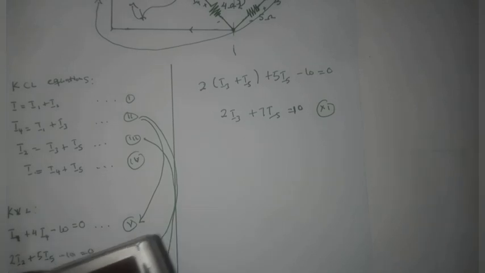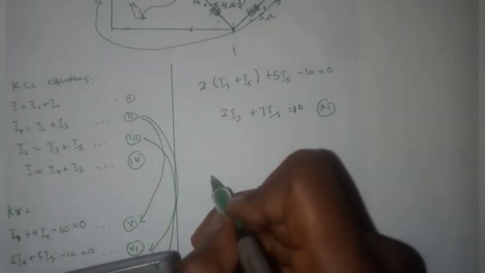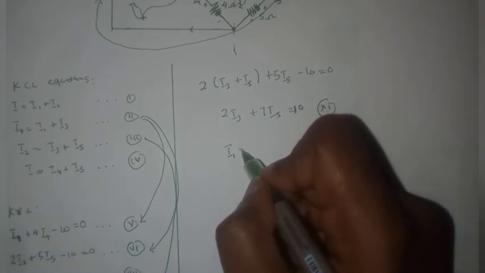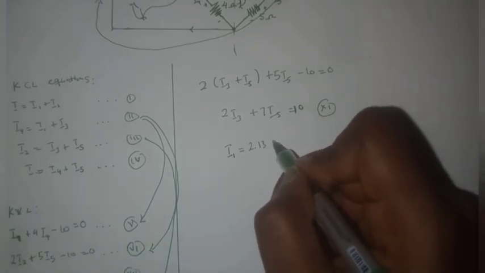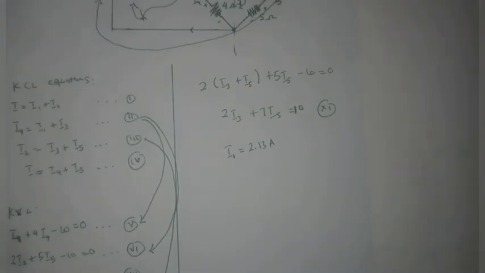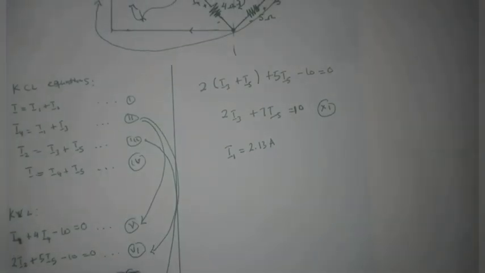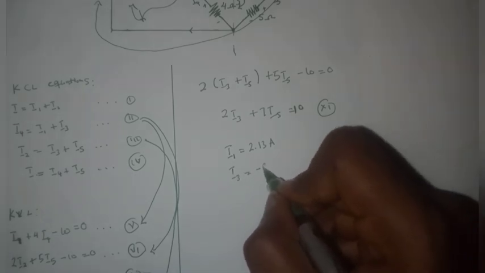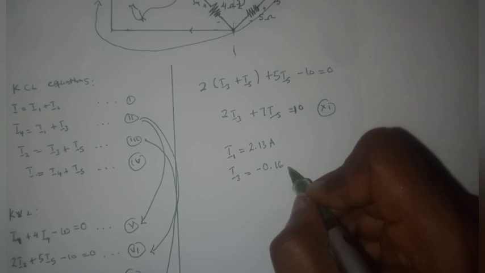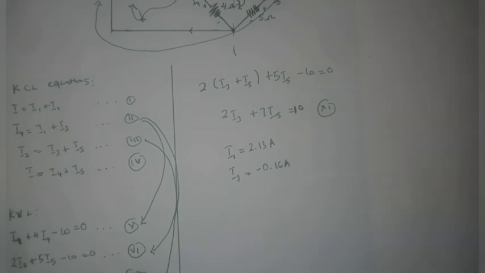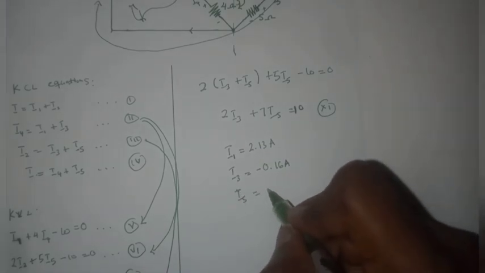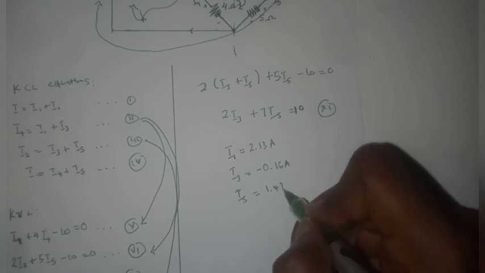And by calculation, using our calculator, we arrive at I1 equals 2.13 amperes, I3 equals minus 0.16 amperes, and I5 equals 1.47 amperes.